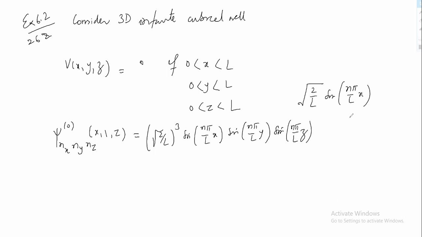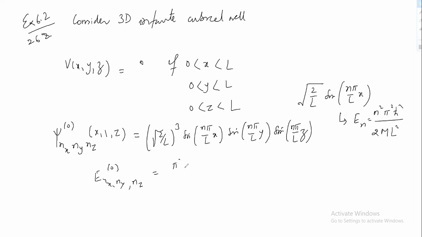And what was the energy in a one-dimensional infinite square well? This was n square pi square h cross square by twice m L square. In a three-dimensional infinite square well, this would be equal to E nx, ny, nz, the unperturbed energy.